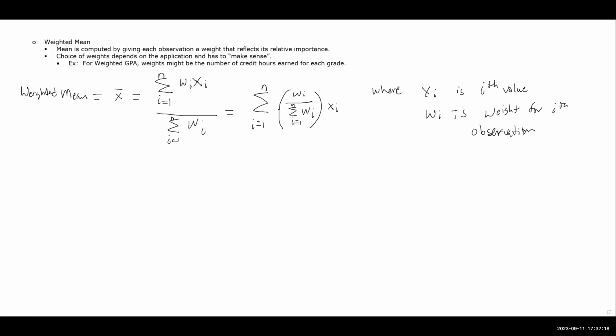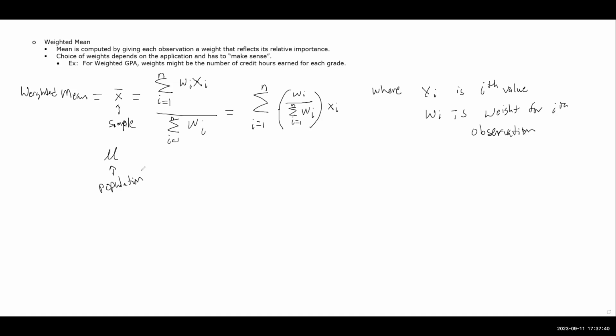Okay. All right. If we want to calculate this for a population, this is actually for the sample, because we have x bar. For population, you replace x bar with mu. This would be for population.